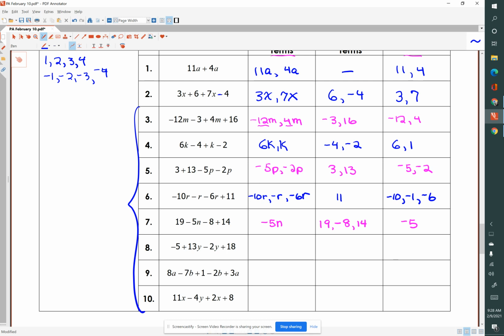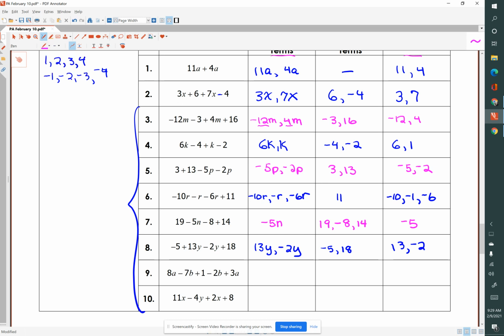Number 8, our variable terms are 13y and negative 2y. Our constant terms are negative 5 and 18. And our coefficients are 13 and negative 2.